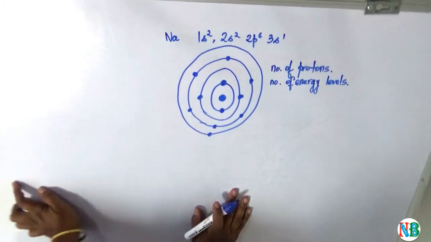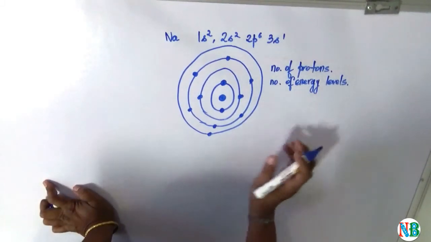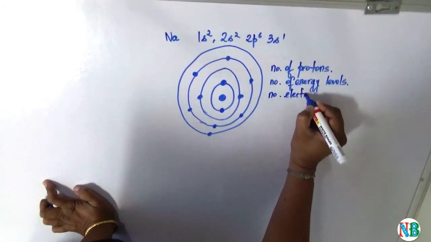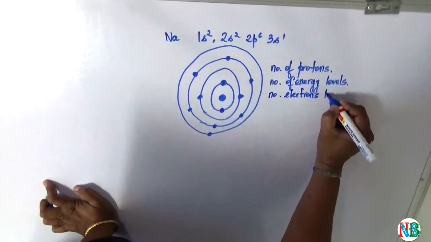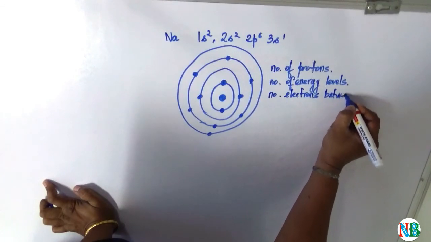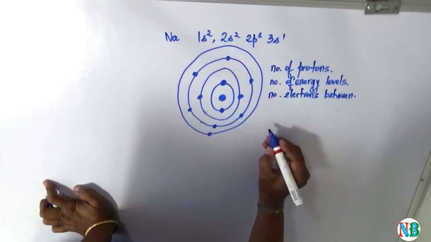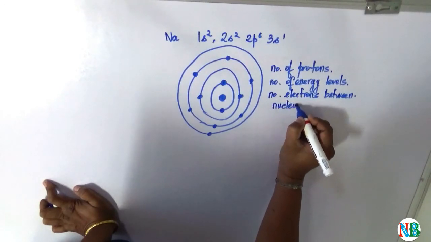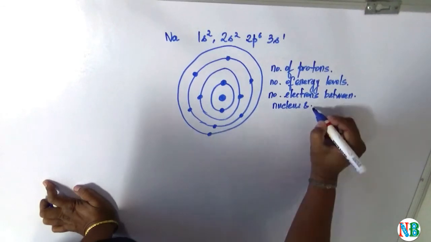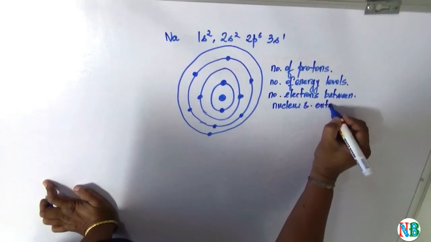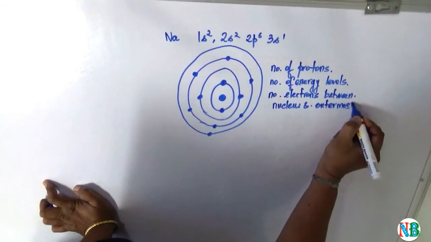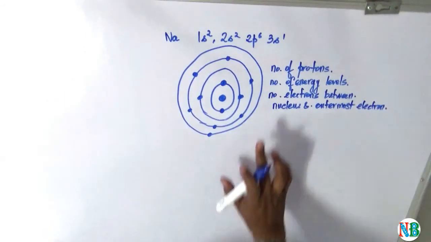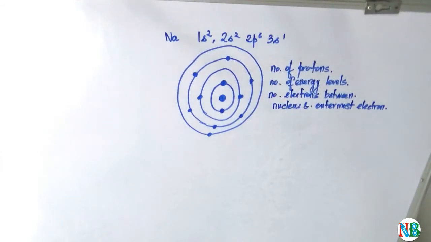And the number of electrons that lie between the nucleus and the outermost electron. So these are the 3 factors that affect atomic size.